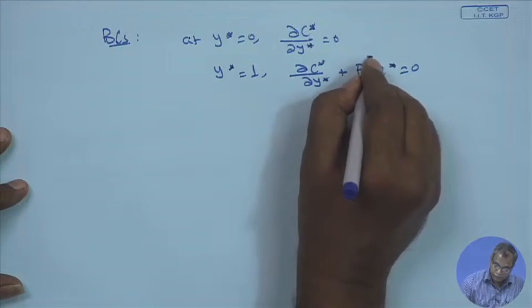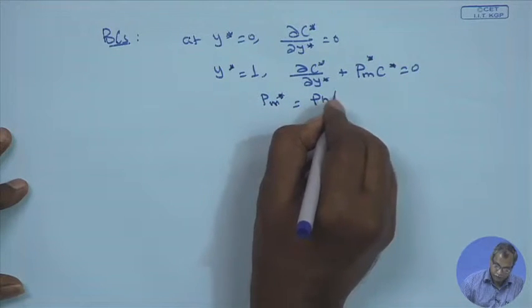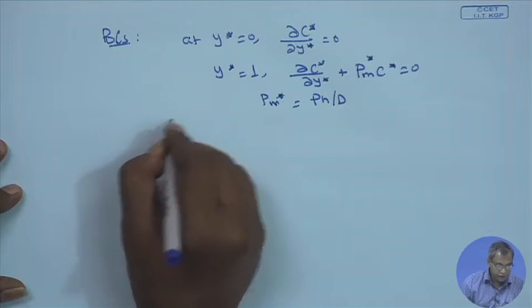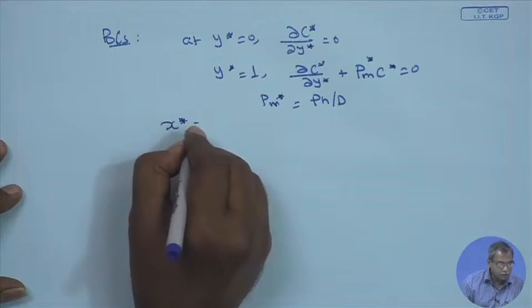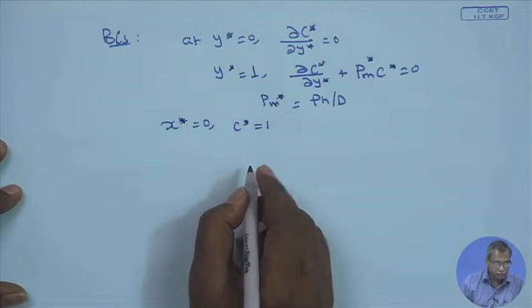So what is Pm star? Pm star is nothing but pH over D, where D is the diffusivity of solute through the membrane matrix. And at x star equal to 0, we have c star equal to 1.